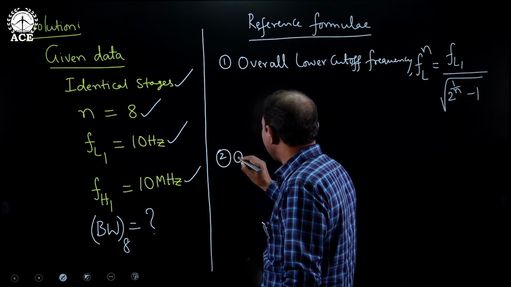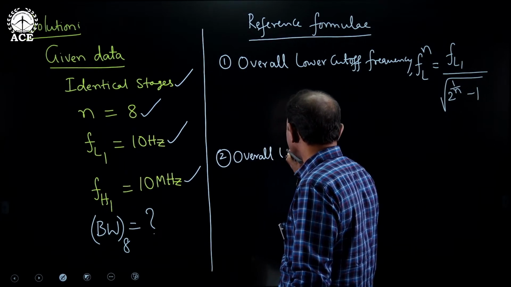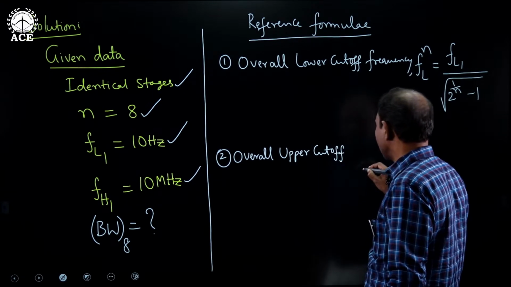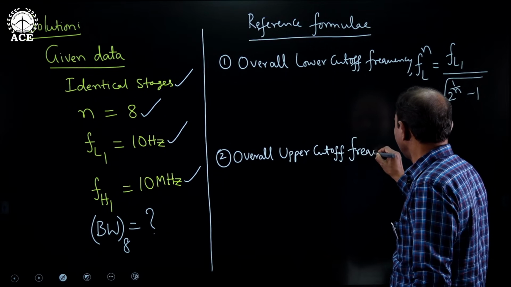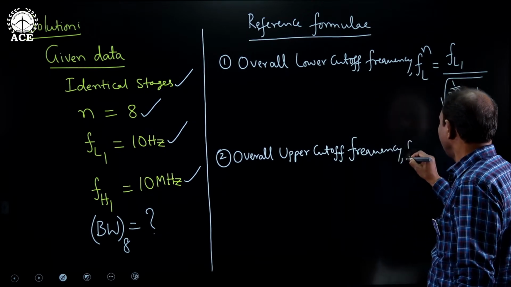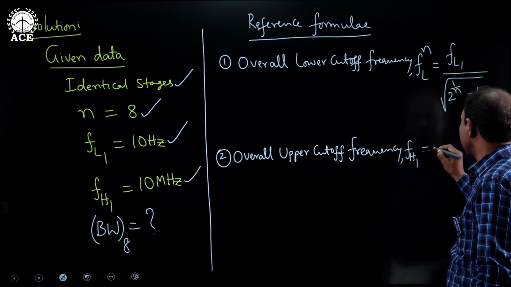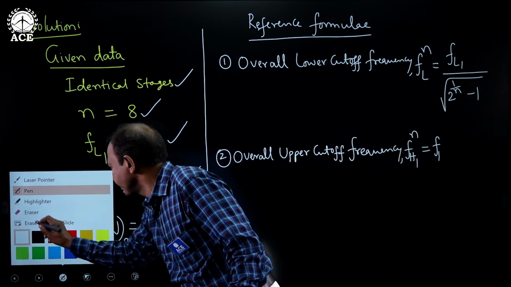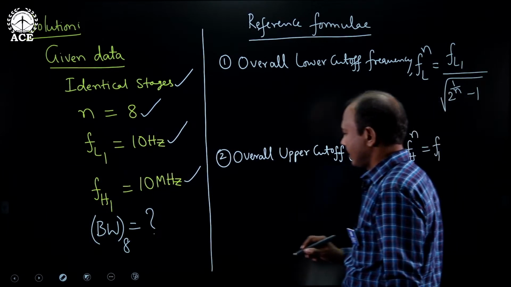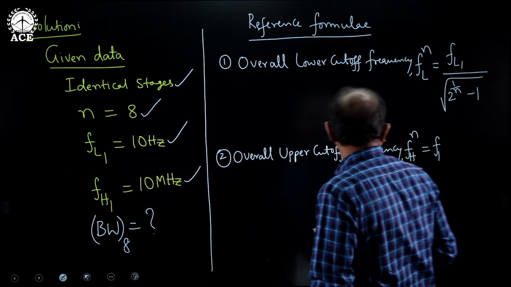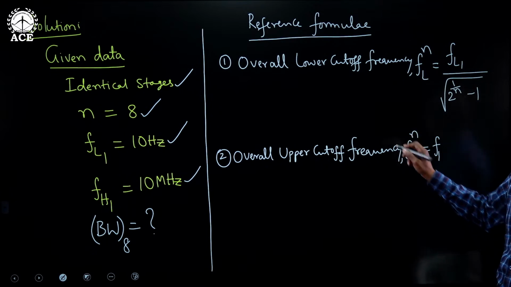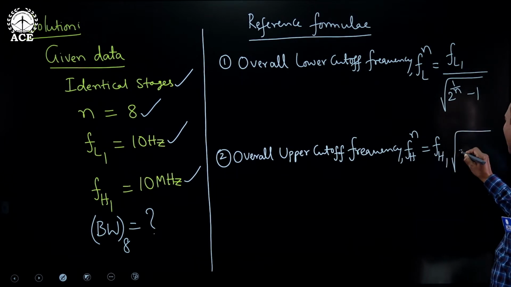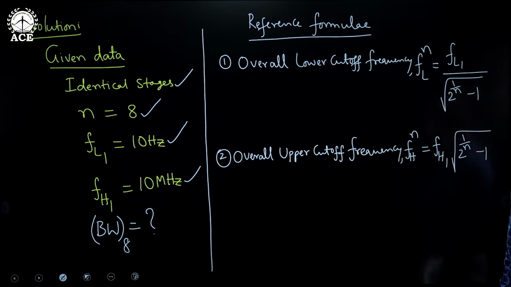Second, the overall upper cutoff frequency, popularly represented as FHn, is given by FH1 into root of 2 to the power 1 by n minus 1. This is another equation we are supposed to use.